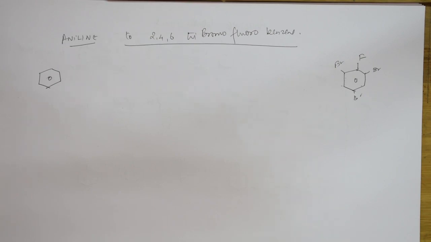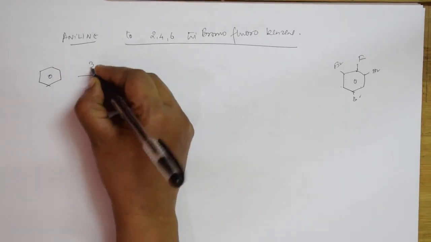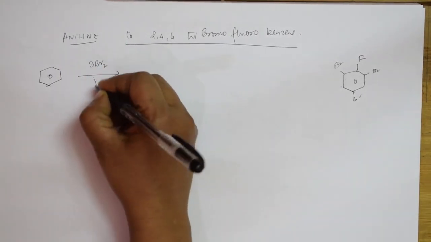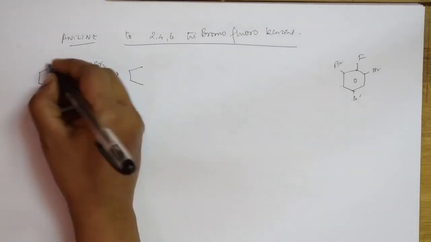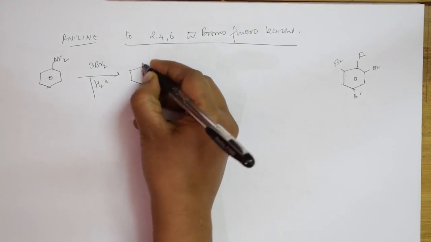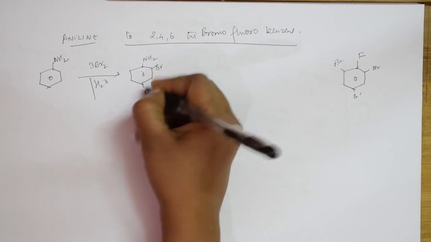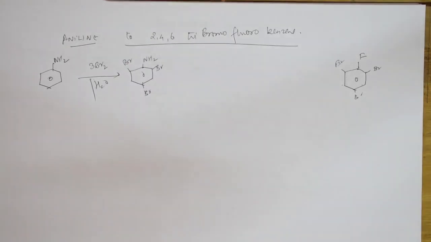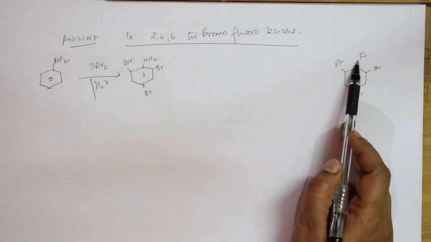If I introduce 3 bromines, at a stage I get this. Okay, this is aniline, right? I get 1 bromine, 2 bromines, and 3 bromines. Done.